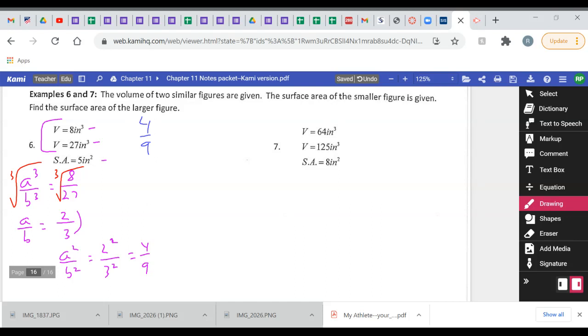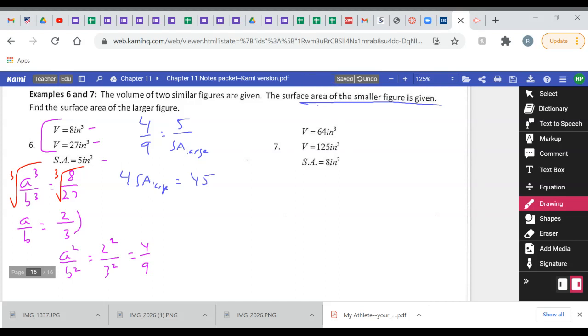That's the ratio. Now it tells me the surface area of the smaller figure is given. So that number is going to be my top surface area. And the one that I'm looking for is the surface area of the large one. Okay, so now if I go ahead and cross multiply there, then I've got 4 times the surface area of the large one is equal to 9 times 5, which is 45.